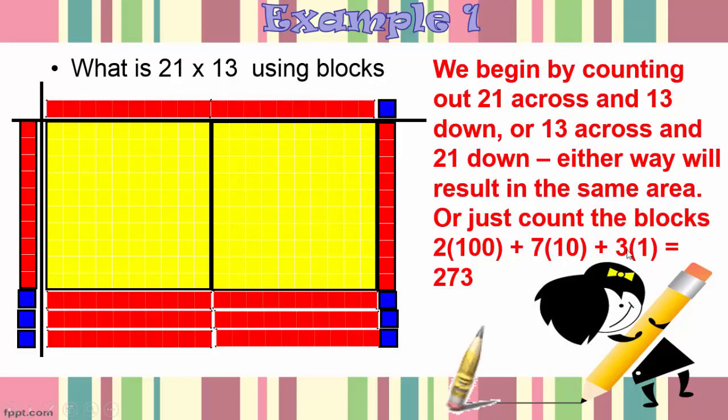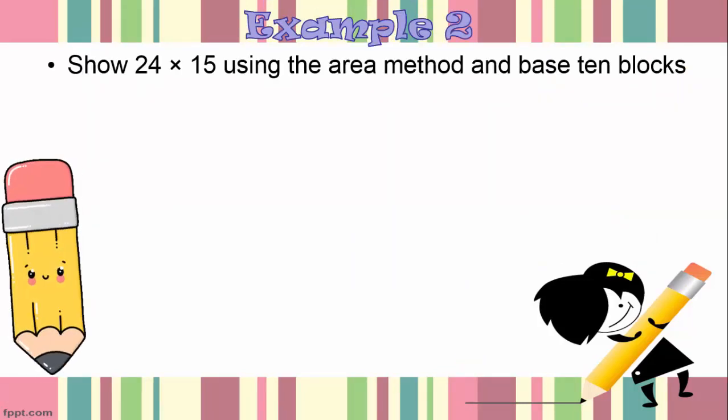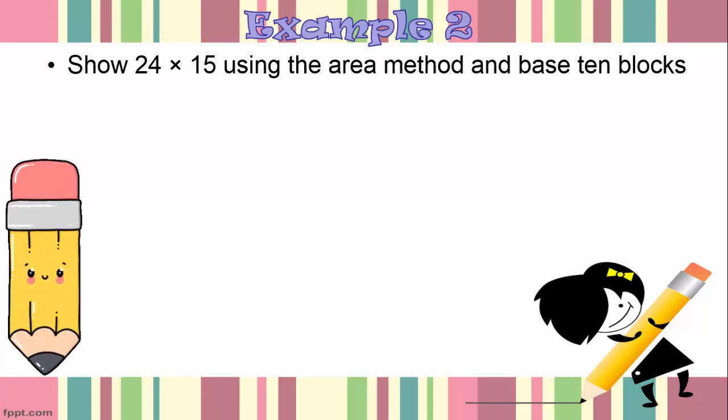So we have 3 times 1, and when we add this all together, 200 plus 70 plus 3, we get 273.